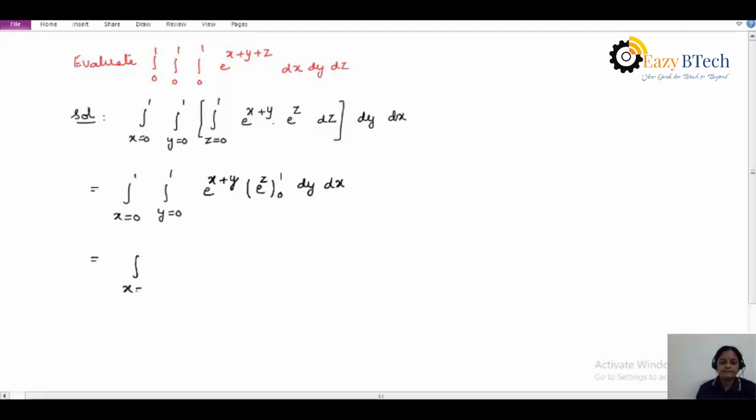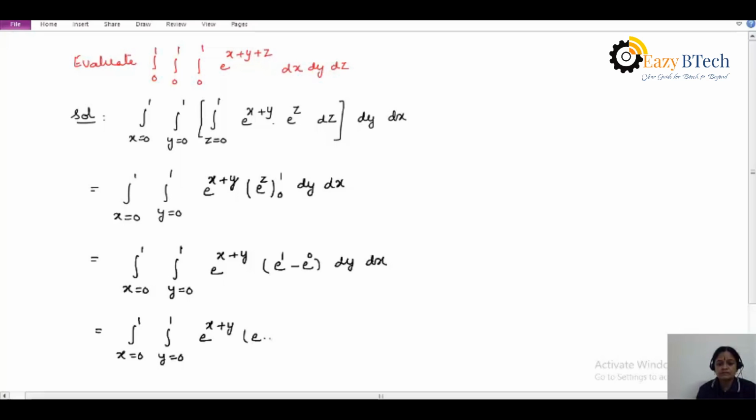Then integral x is equal to 0 to 1, integral y is equal to 0 to 1, e power x plus y times e power 1 minus e power 0, upper limit minus lower limit. Okay, and integral x from 0 to 1, integral y from 0 to 1, e power x plus y, e minus e power 0 is 1, then dy dx.